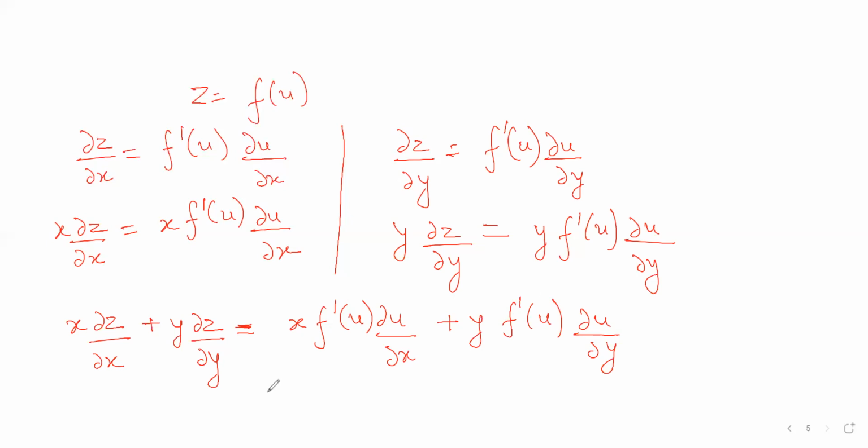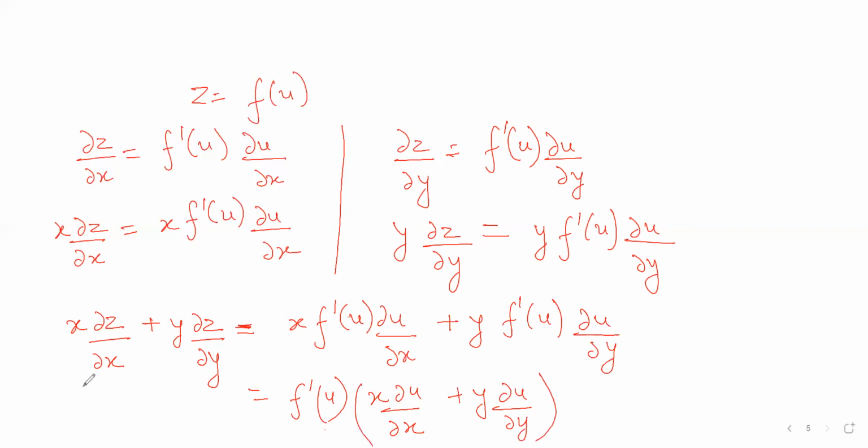So we take f dash u common from both the terms and we get f dash u times x del u by del x plus y del u by del y.